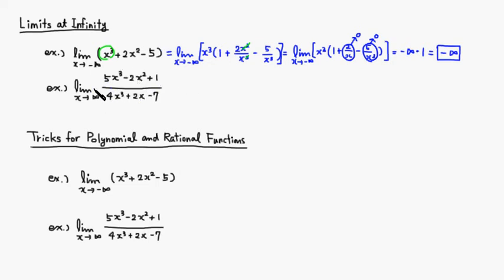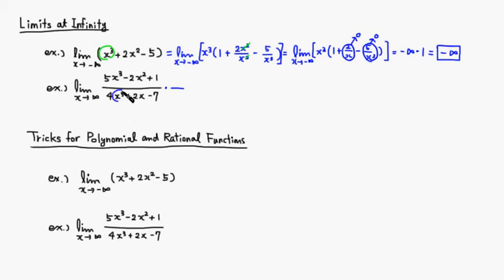Then we can do a similar thing with a rational function. We want to take the limit of 5x cubed minus 2x squared plus 1 all over 4x cubed plus 2x minus 7 as x approaches infinity. For this one, we divide top and bottom by the highest term in the denominator, in this case x cubed.